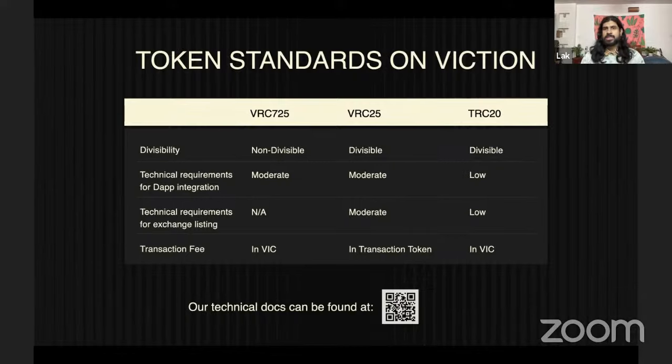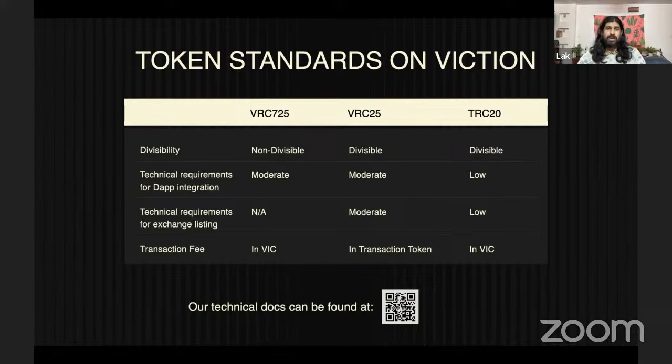You can customize this to suit your product. And when we transact in TRC20, we will pay the fee in gas. We pay the gas fees in VIC, right? So when we transact our TRC20 tokens, we're paying those fees in VIC.